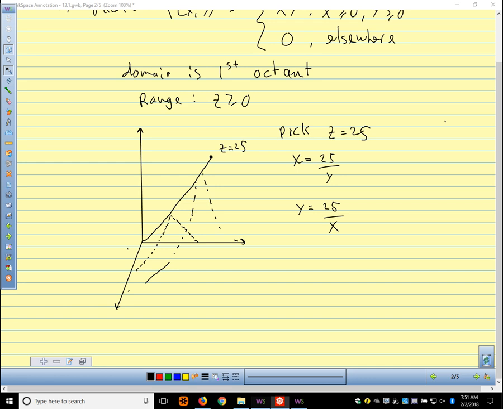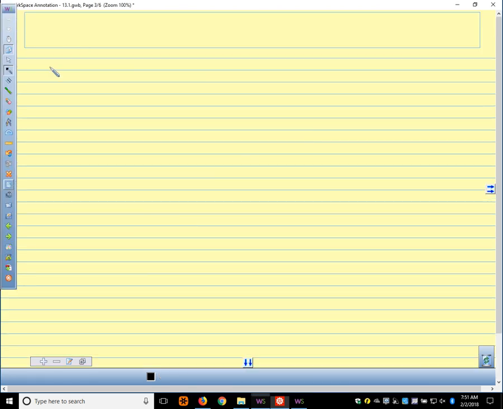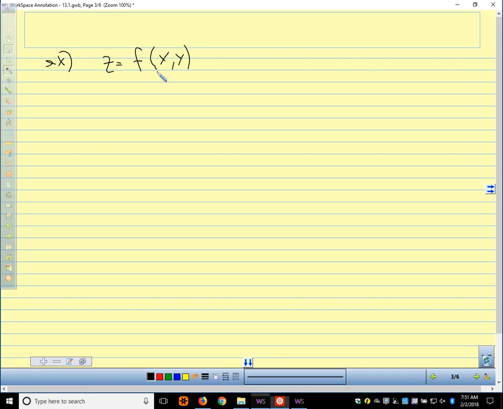Now I have some questions for you. Let's say we have z equals f of xy. How would the graph of this function compare to this one: g of xy is f of xy minus 3?